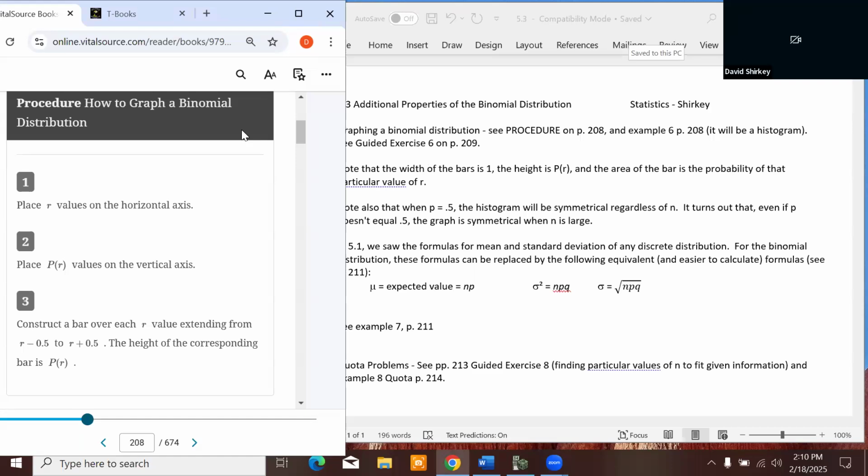So over here we have the procedure, how to graph a binomial distribution. You have R values on the horizontal axis. That's the number of successes going across. And then the probability of R is going up and down on the vertical axis. You construct a bar over each value of R to extend from R minus 0.5 to R plus 0.5.